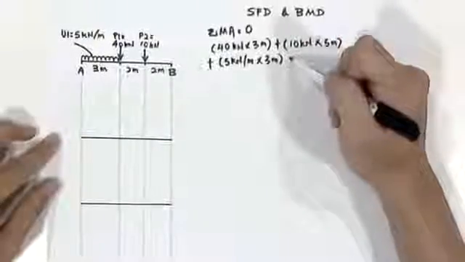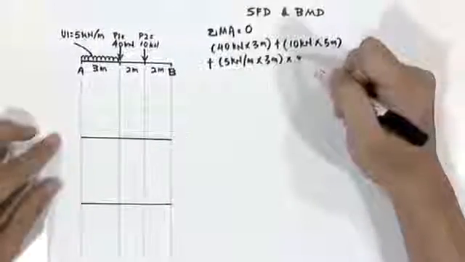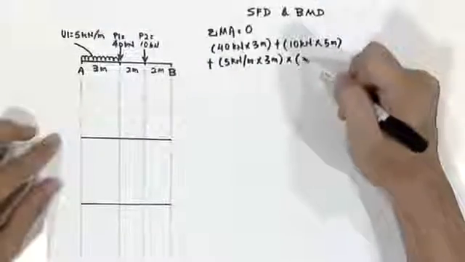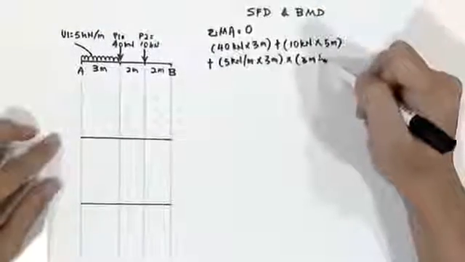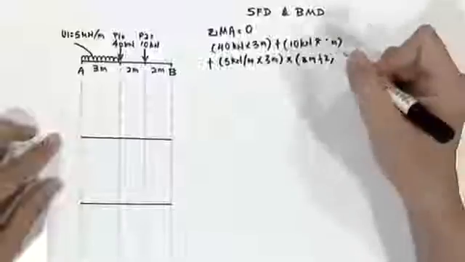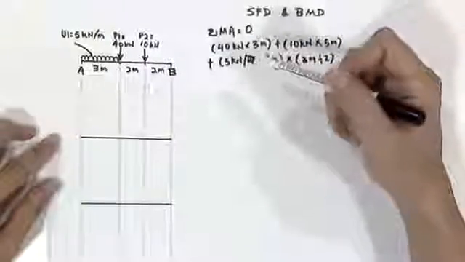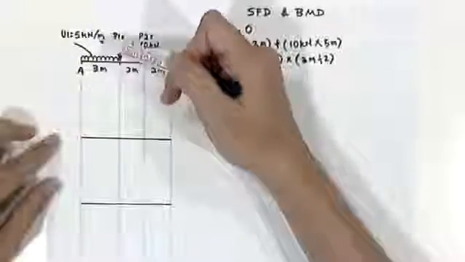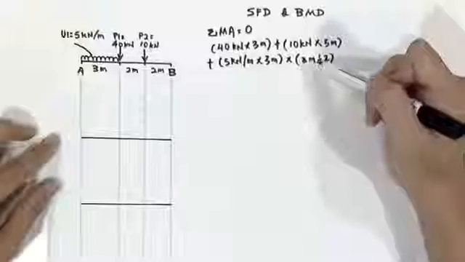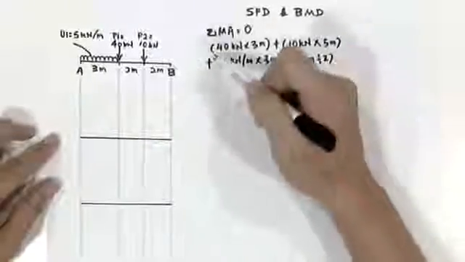Then times the new distance, which is 3 meter divided by 2. As you can see, the newly converted uniform load will be acting at the middle of the span. That's why you have to times 3 meter divided by 2.